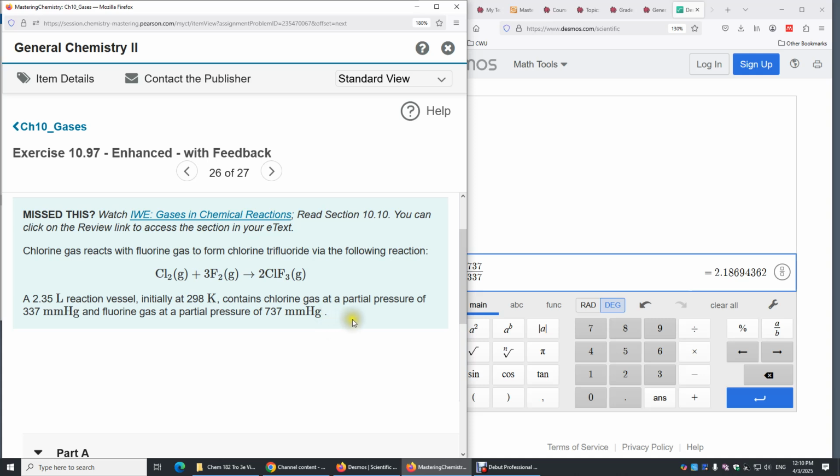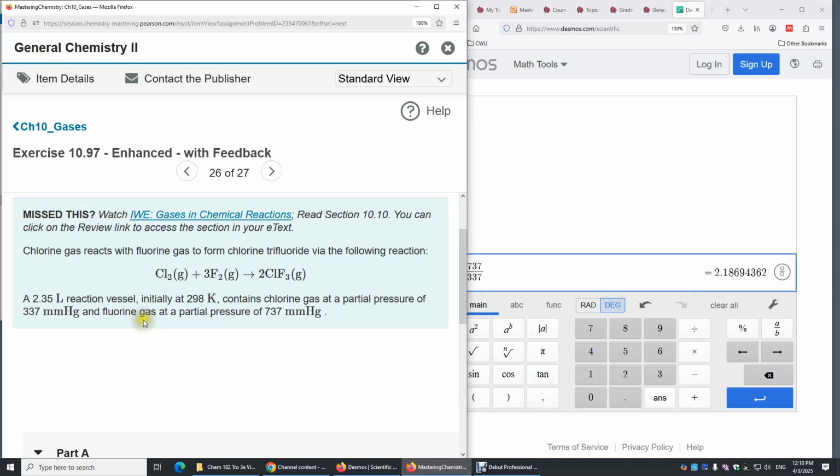And why can we just use the ratio of partial pressures? Well, it's because the fluorine gas and chlorine gas have the same volume and the same temperature. Therefore, the number of moles of chlorine is proportional to its partial pressure.